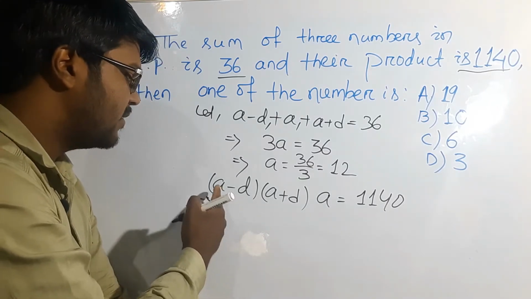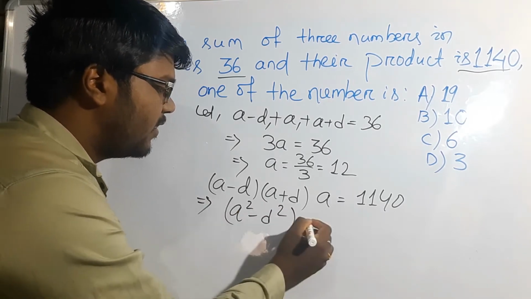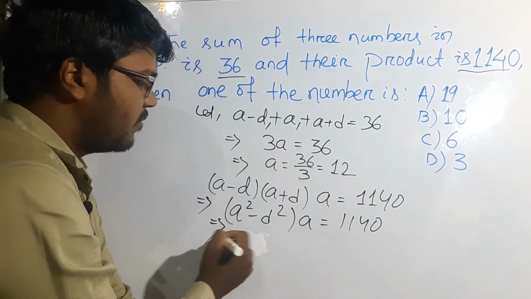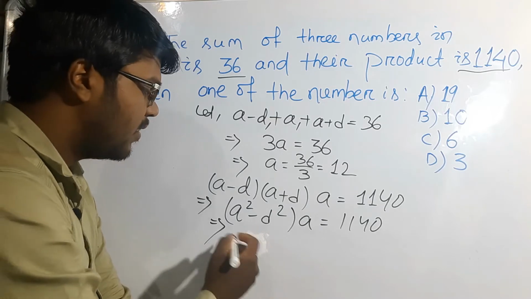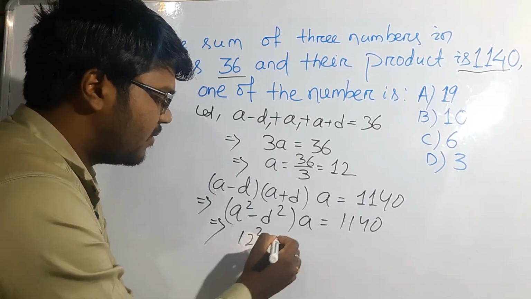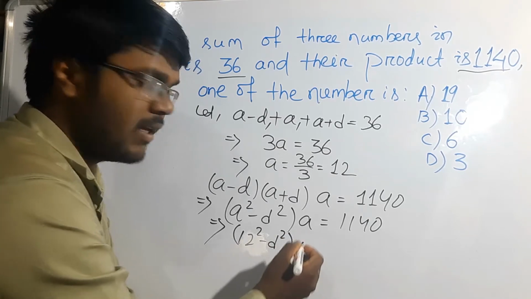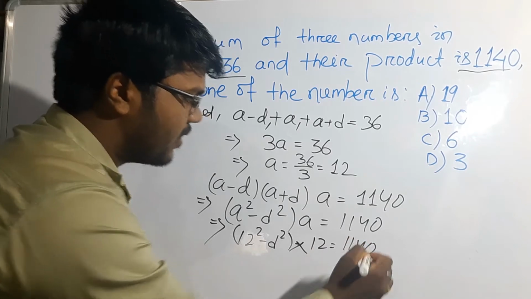Its formula is (A square minus D square) whole into A is equal to 1140. And you know the value of A is 12. So we will put the value of A here. 12 square minus D square, into 12 is equal to 1140.